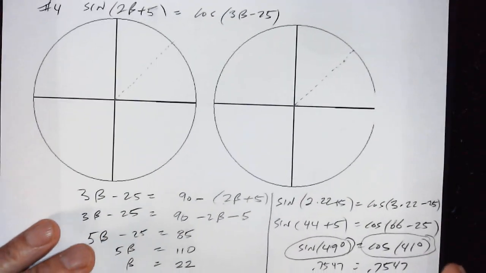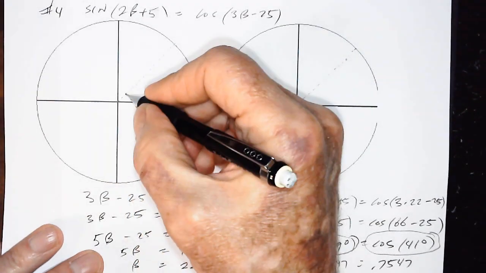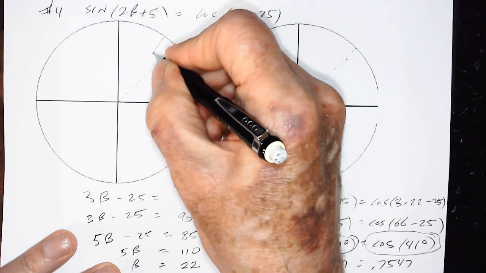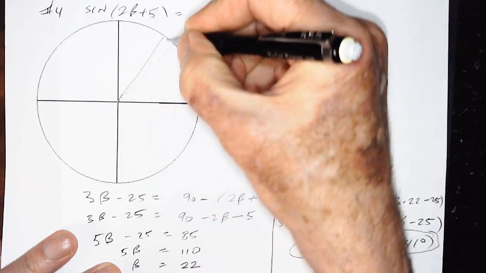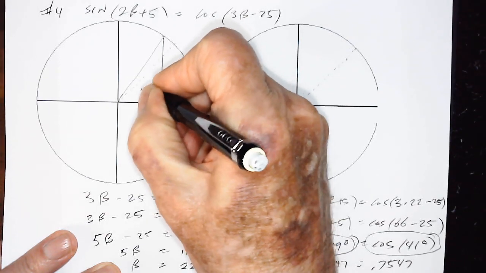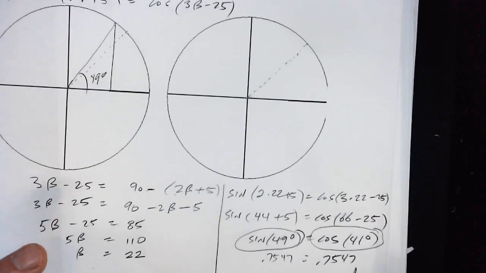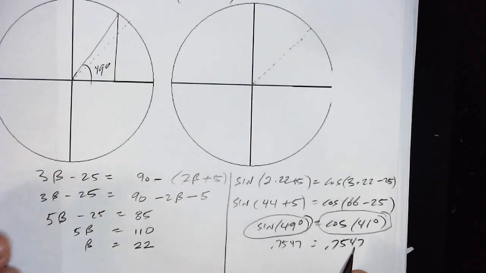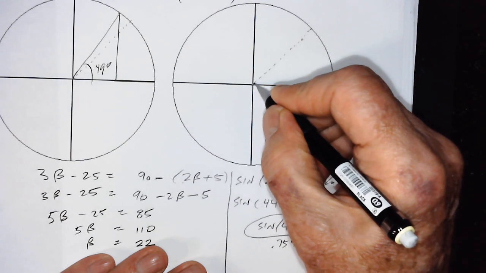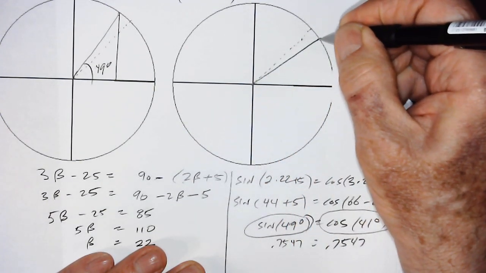So 49 degrees is a little bit bigger than 45 degrees. So I think 49 degrees would be something like this. Here's my picture of 49 degrees. Now 41 is a little bit less than 45. So it might go up about like that.